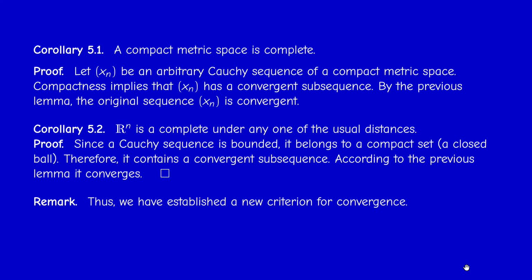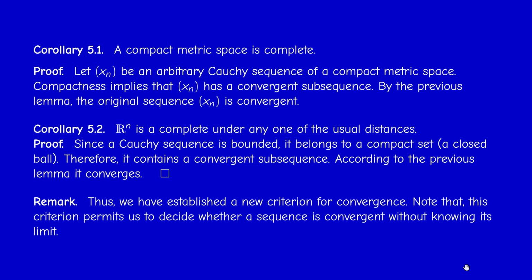Okay, so this is very important because why are we interested in completeness and Cauchy sequences? Because if we want to prove that a sequence is convergent, we have to know first the limit. With the Cauchy criterion, if the space is complete, then we don't need to know in advance the limit. We just need to prove the Cauchy condition.